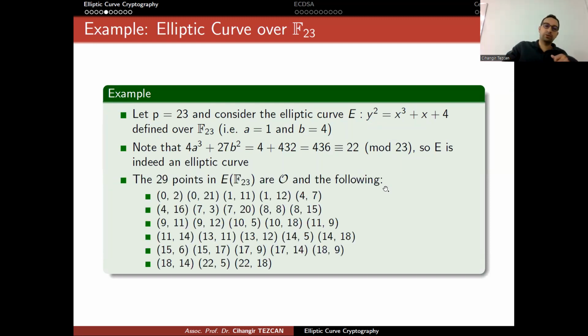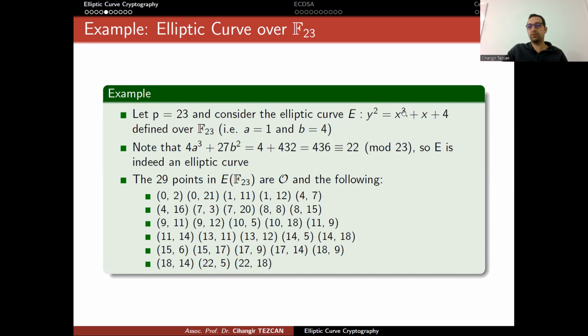So now let's focus on the points of this elliptic curve. There are 29 points on this elliptic curve. One of them is the point at infinity, so the remaining 28 are as follows. You can actually check it like this. Since we are working modulo 23, the first thing you need to check is if there is a point on this curve where the x coordinate is 0.